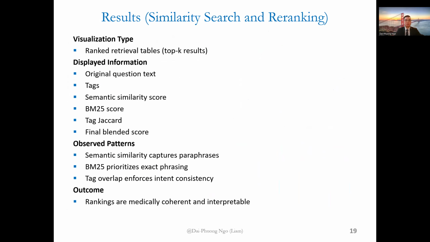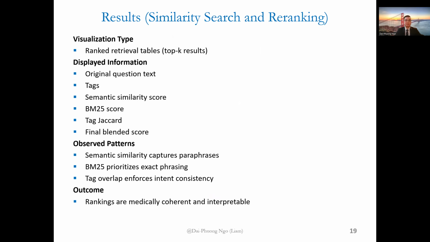Visualization for retrieval focuses on ranked output rather than geometric projections. I inspect tables of top K retrieved questions, along with semantic scores, BM25 scores, tag overlap, and blended scores. For text-only queries, I observe that dense semantic similarity provides a strong conceptual match, while BM25 reorders results to favor closer lexical alignment.